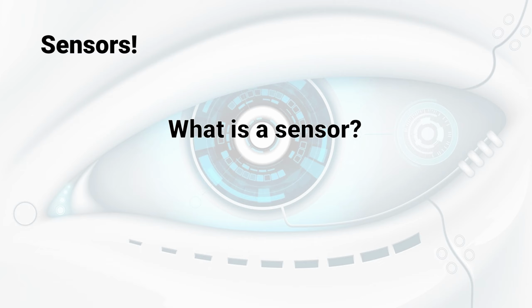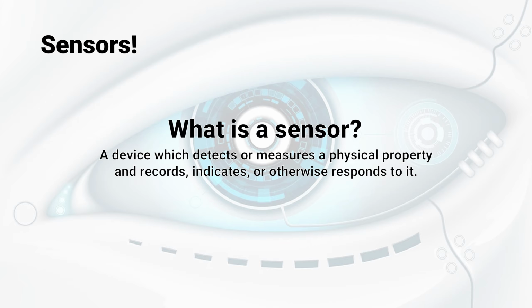The vague definition of a sensor is that it lets us understand what is going on around us. In a more formal sense, it's a device which responds to, detects or measures a physical property and indicates it to us, right? For example, a physical property could be air pressure, temperature, or smell, any of these kinds of things, right?